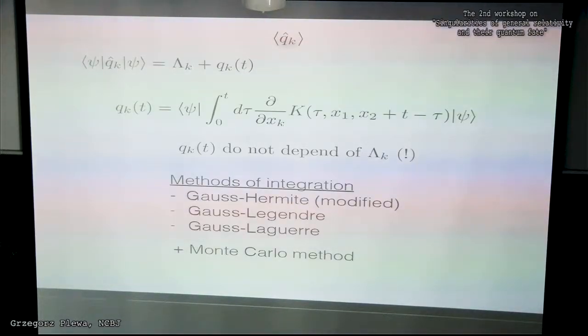Now, a slightly more difficult situation is for the expectation values of Q1 and Q2. Here one can find that there are two terms in the expectation value. The first one is something which we can recognize as telling how close we are to the singularity.